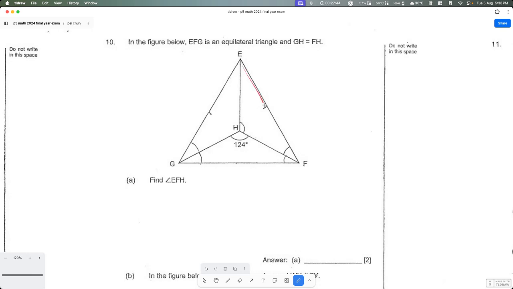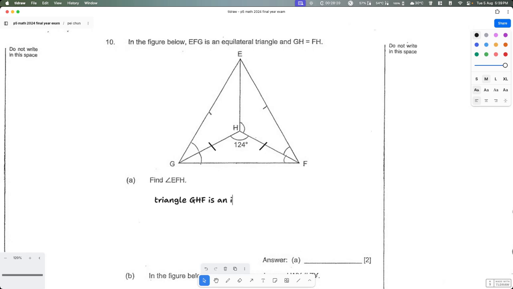Oh, E, F, and H. So we know that this and this are the same length. Sorry. So that means triangle HGF, or GHF, is an isosceles triangle.